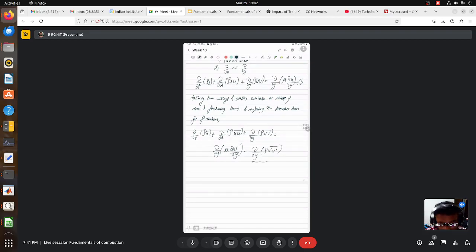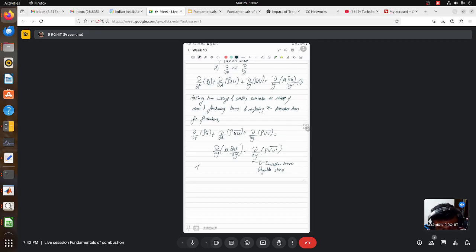So this is the additional convective term, which results in the Reynolds stress.